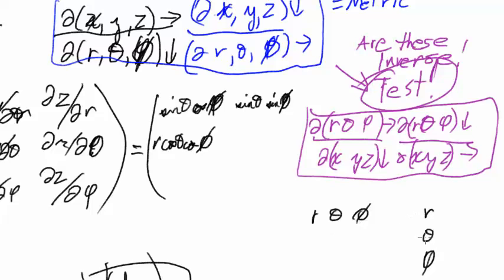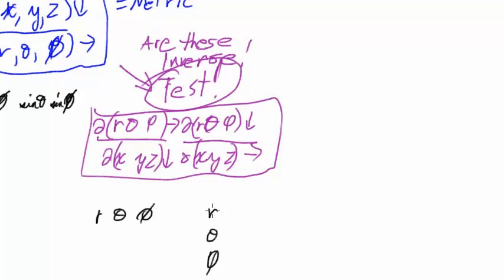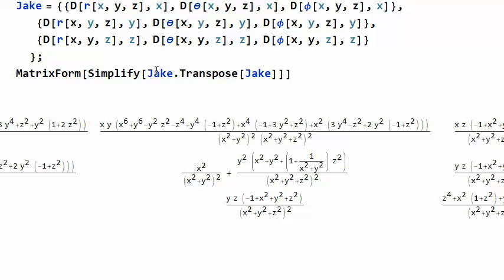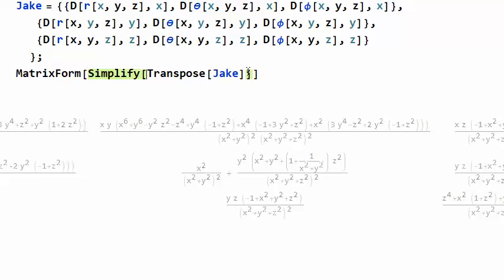But if I had reversed it, well, let's just check for commutativity errors. I'm going to come in here and just say transpose Jake dot Jake instead of Jake dot transpose Jake and see if that changes things significantly.